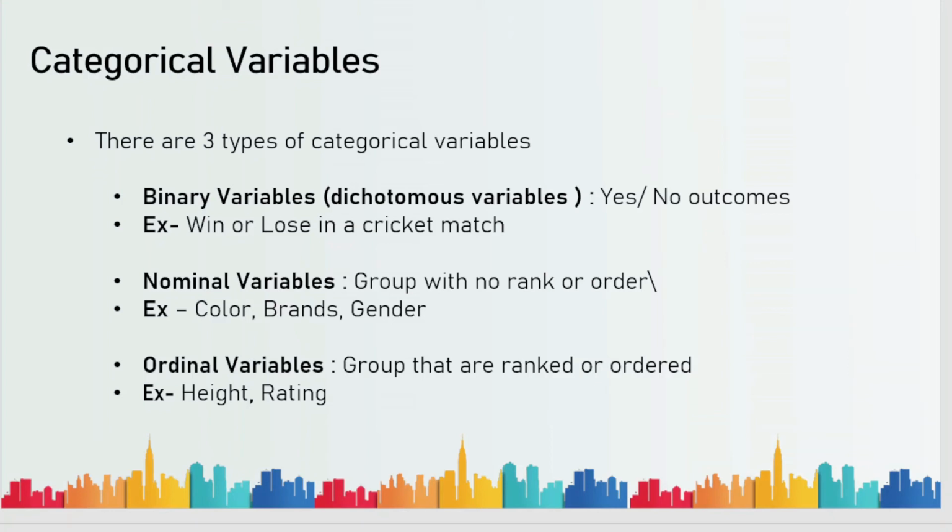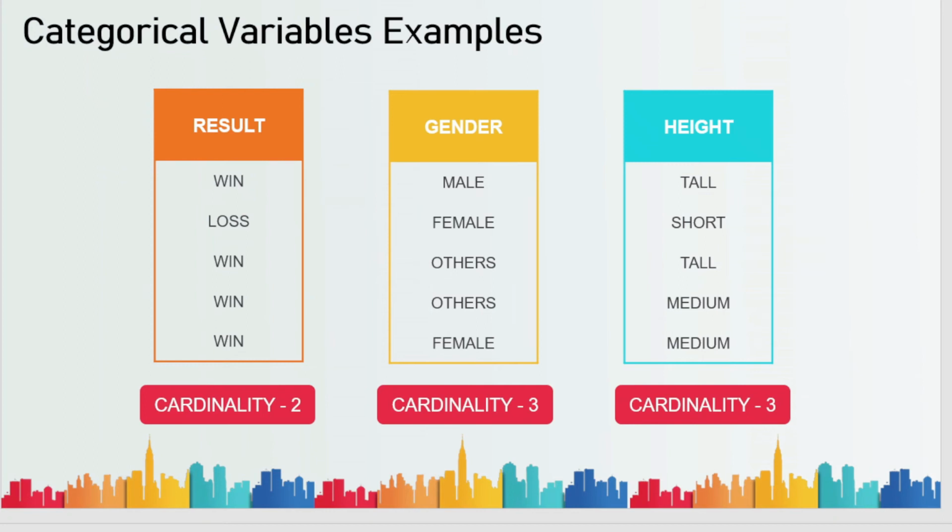Now let's look into an example and try to understand the variables. Here we will try to understand what is cardinality of a categorical variable, because this is going to be a really important thing. We have this result variable and it takes two values, that is win or loss. The cardinality in this case is 2. This is the example of a binary variable.